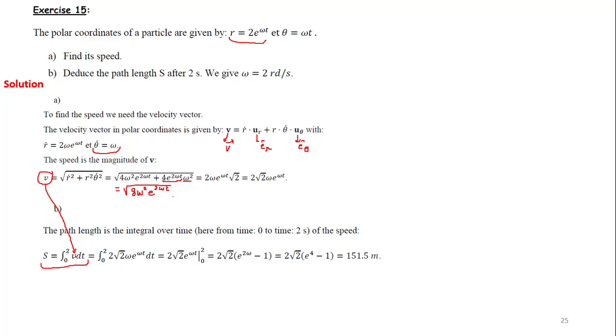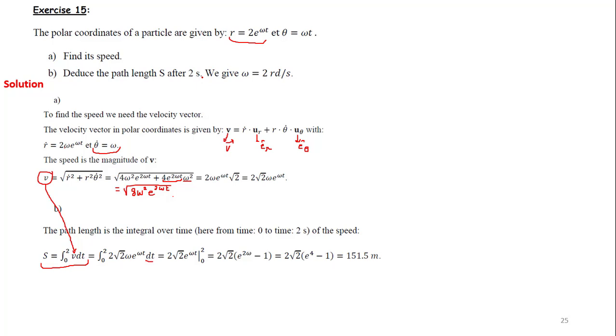We obtain the integral of 2 radical of 2 ω e^(ωt) dt, and we don't forget the boundaries of the integral. It's between t0 equal to 0 and t. You can in fact, at a first step, keep this as t. It's better to keep this as t, and then replace t with 2 seconds.